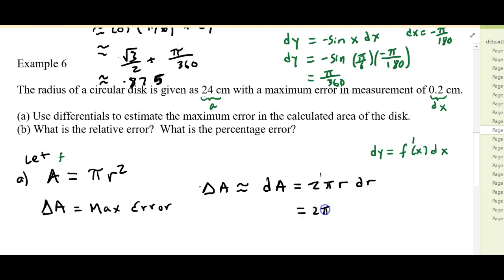So it's 2 pi times r. r is like the a, 24, good. And dr is our 0.2.